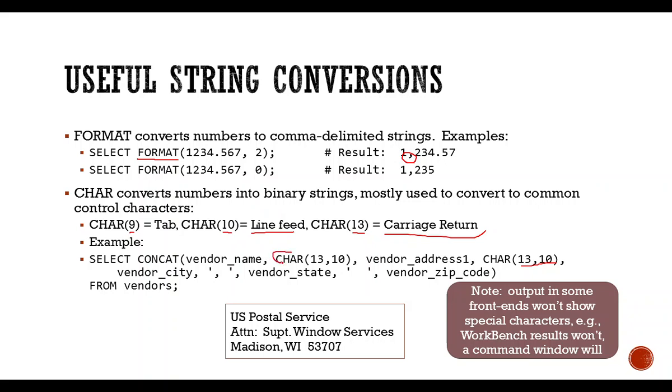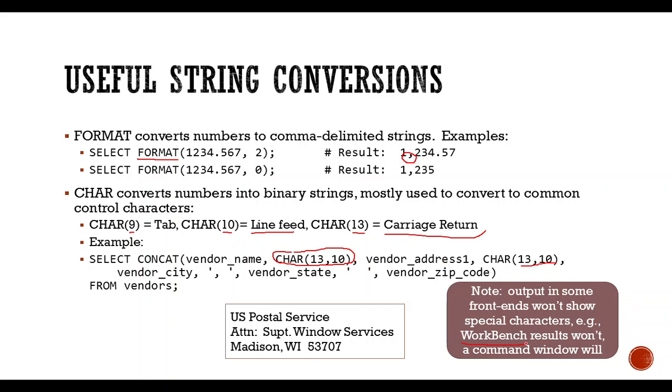The other thing to note is, even though you can do something very clever like this that says, you know, concatenate the vendor name and then put this carriage return line feed and then the vendor address and another one of those, you can do that, but do be aware that Workbench itself, its result pane, is basically an HTML format. So any extra white space that you put in is going to be ignored.